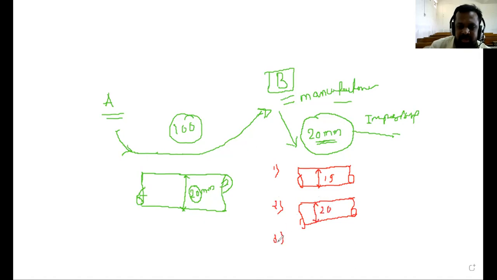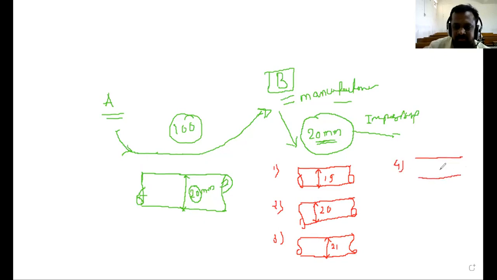Again he has prepared a shaft like this.